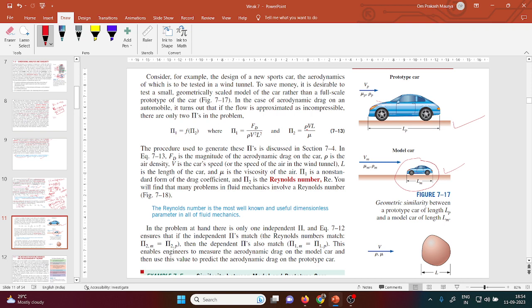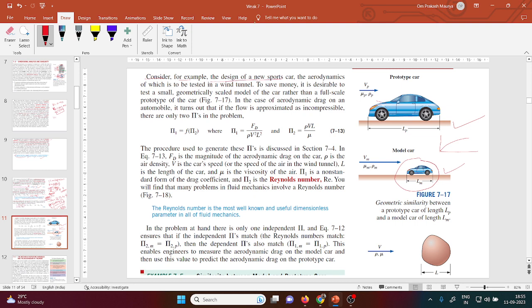As you remember, the shape of the jeep earlier was vertical, but now the car has this shape. After lots of experiments, people understand and modify things. So now we consider, for example, the design of a new sports car.